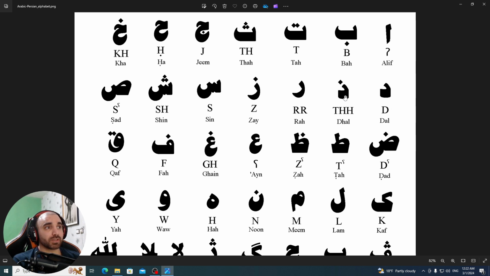The next one, which is also similar, but it has just one dot right above that, is called z. Z. Again, for this sound, z, we have some equivalents, and they don't make any difference in the way we pronounce them.